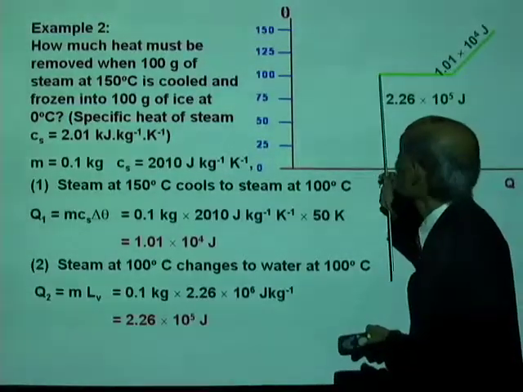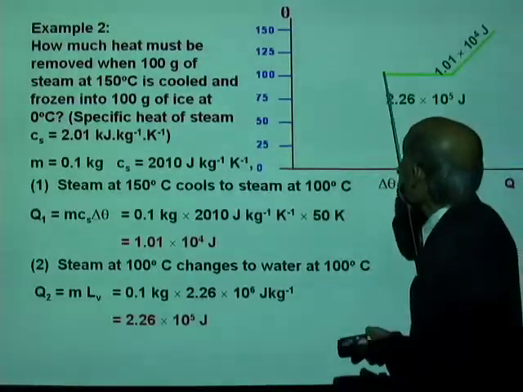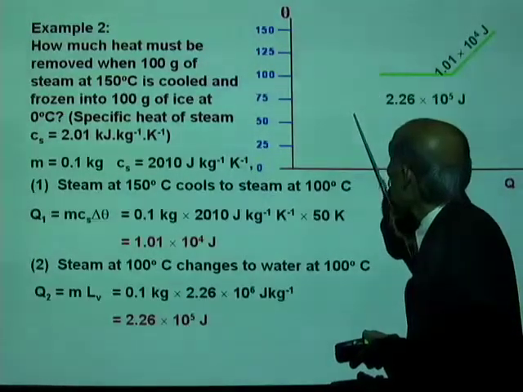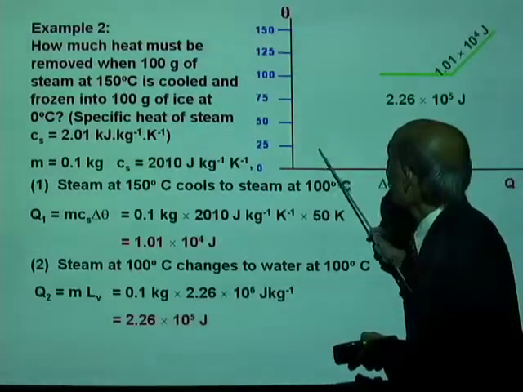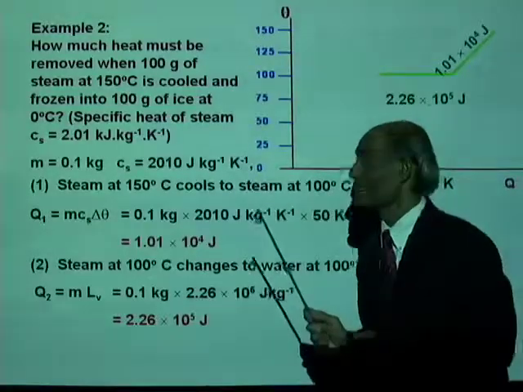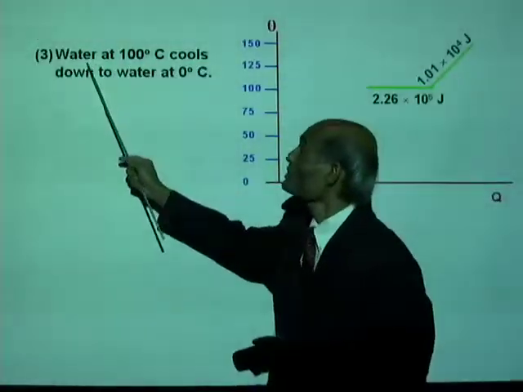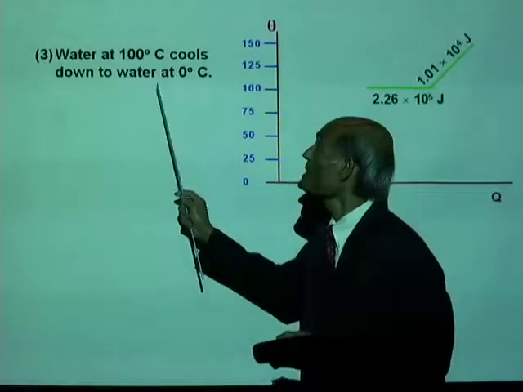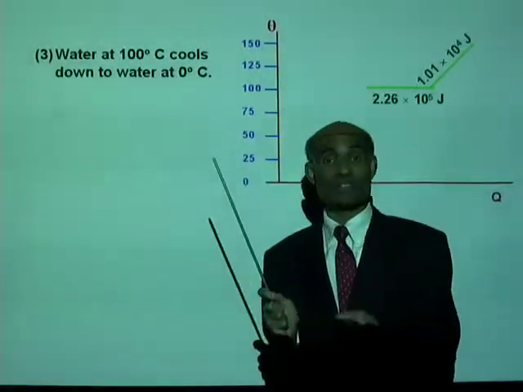Alright, what's the next step? Water at 100 degrees Celsius is going to now lose heat, cool down to 0 degrees Celsius. Alright, water at 100 degrees Celsius cools down to water at 0 degrees Celsius.